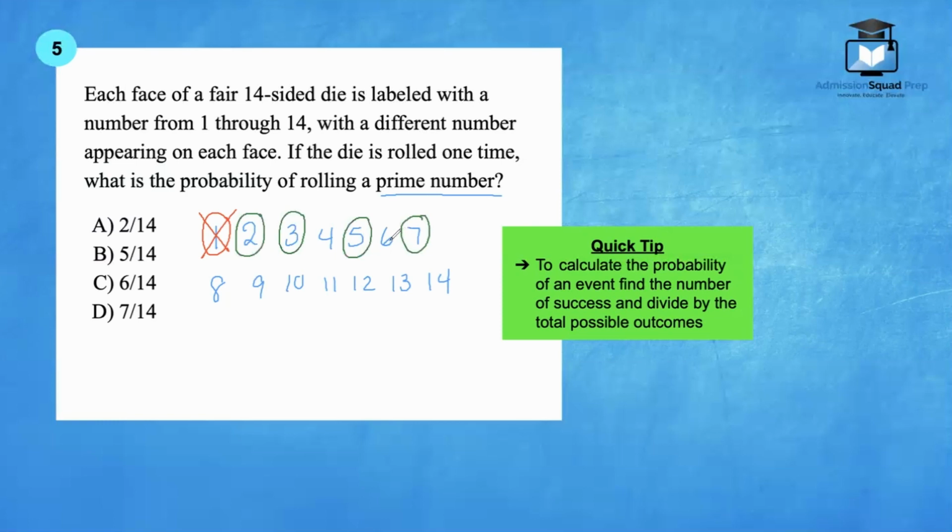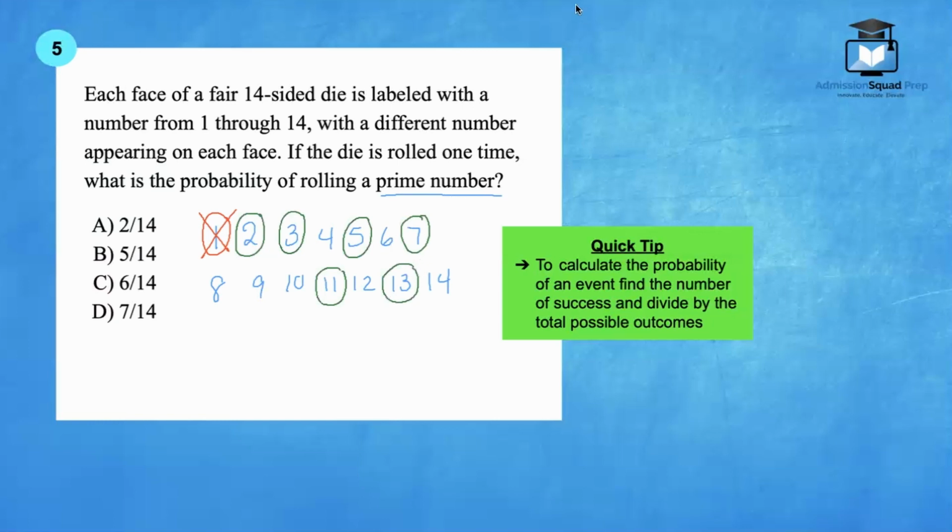Because 6 is going to be 1 times 6 and 2 times 3. So it has more than 2 factors. All right, 8 is going to be 1 times 8 and 2 times 4, more than 2 factors. 9 is going to be 1 times 9, but also 3 times 3, also more than 2 factors. So 9 is composite. So the next prime number is 11, and then of course 13.